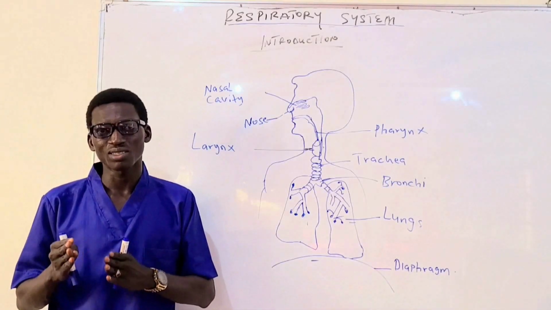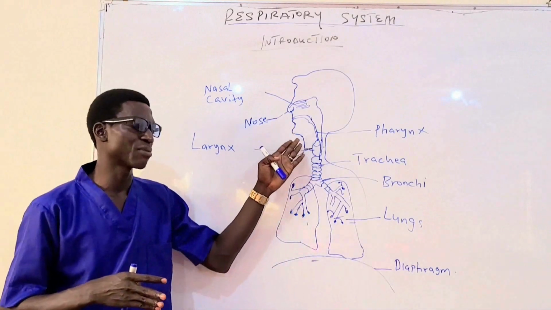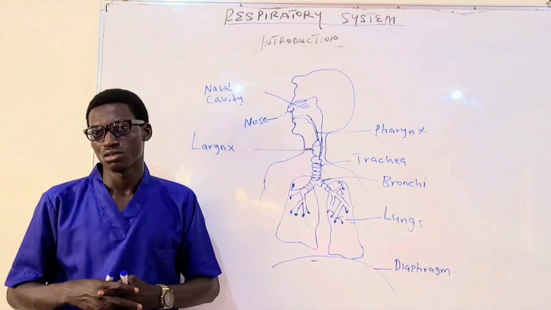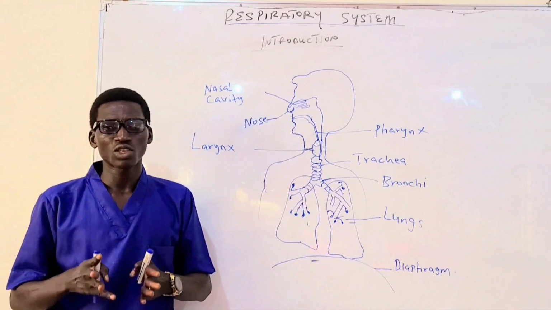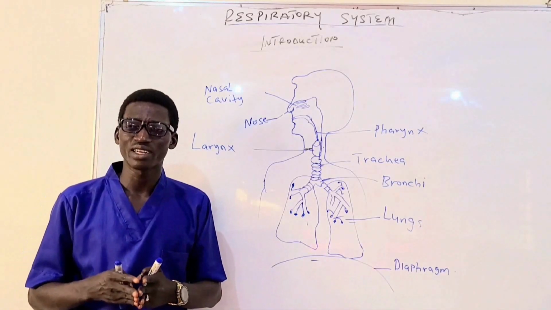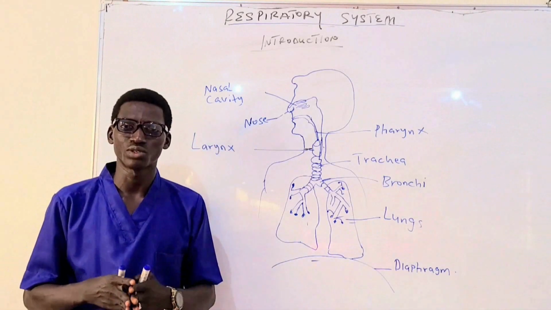Now let's talk about the structural classification of the respiratory tract. On the board, this is a schematic diagram of the respiratory tracts. The structural classification, as we've earlier said, is divided into two: the upper respiratory tract and the lower respiratory tract.